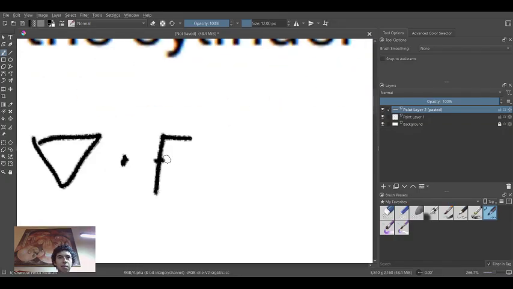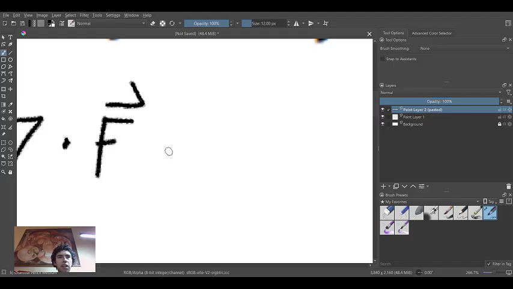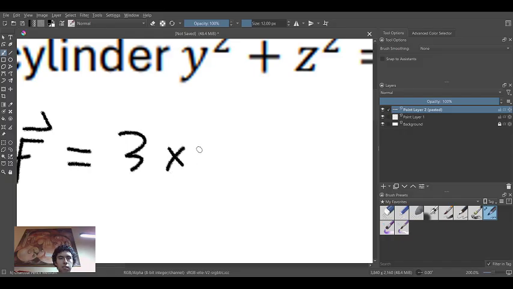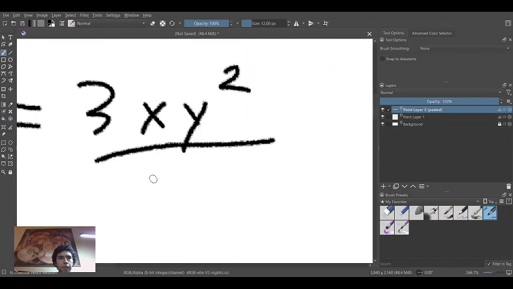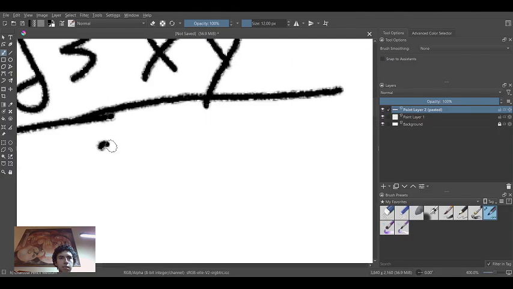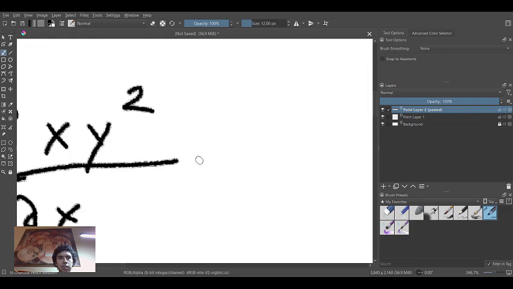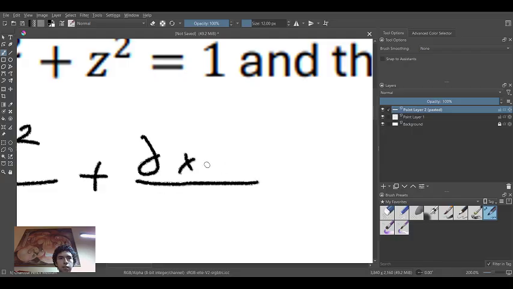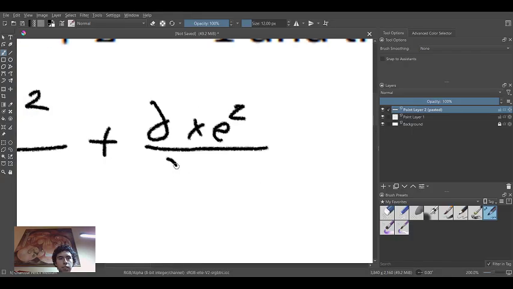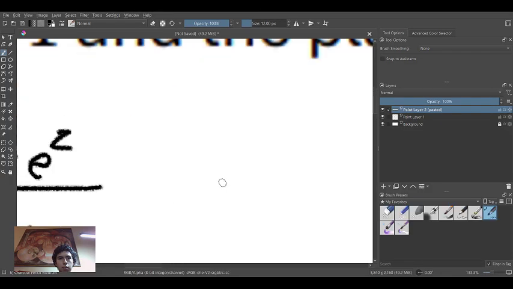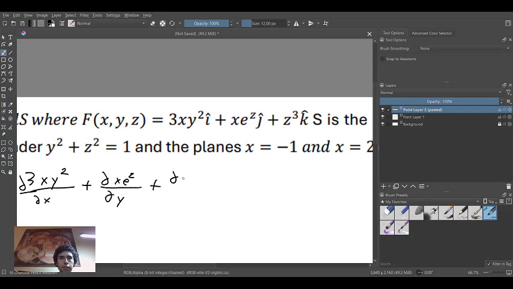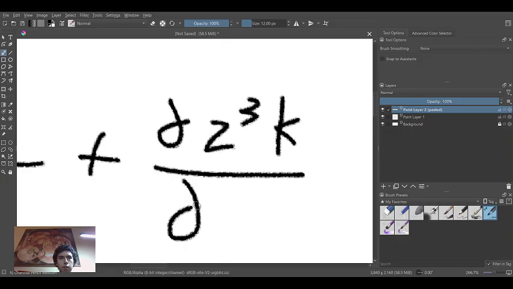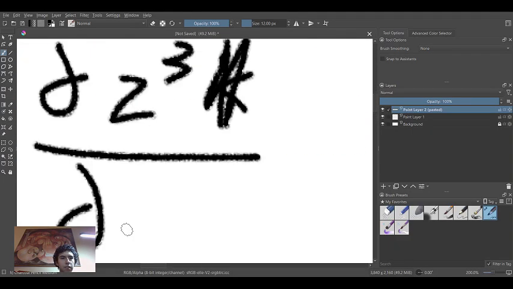So this times F, this dot F, which is going to be equal to the i component, 3xy², partial derivative with respect to x, plus the partial derivative of x e^z with respect to y, plus the partial derivative of z³ k with respect to z.